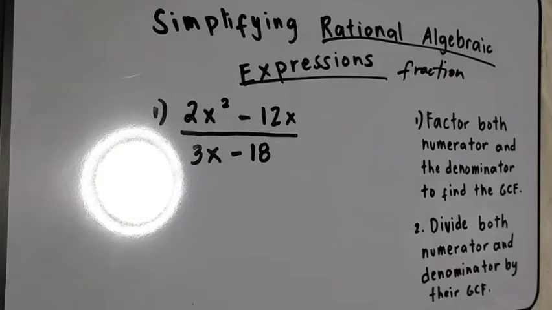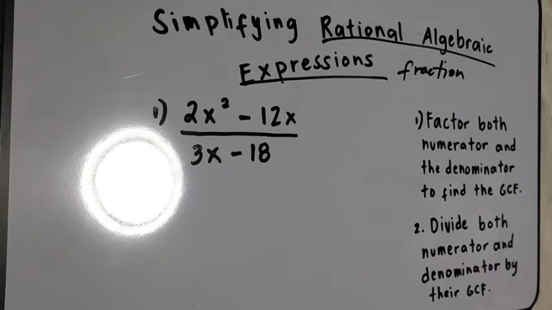Second, divide both numerator and denominator by their GCF. Since we are already done discussing the different kinds of factoring, here in rational algebraic expressions, ang gagawin lang natin, i-apply natin yung mga natutunan natin sa factoring dito. Kasi, ganun yung process niya. A-apply talaga natin yung factoring.